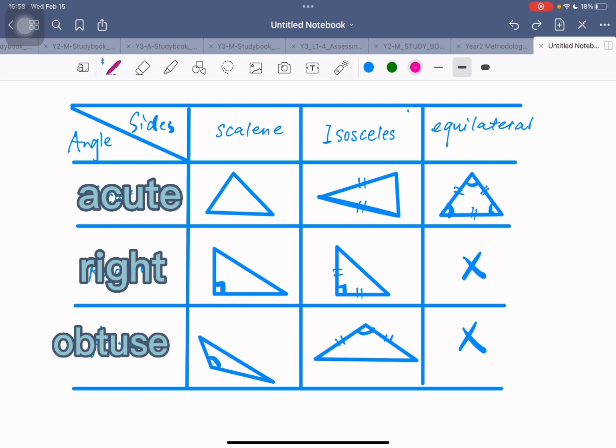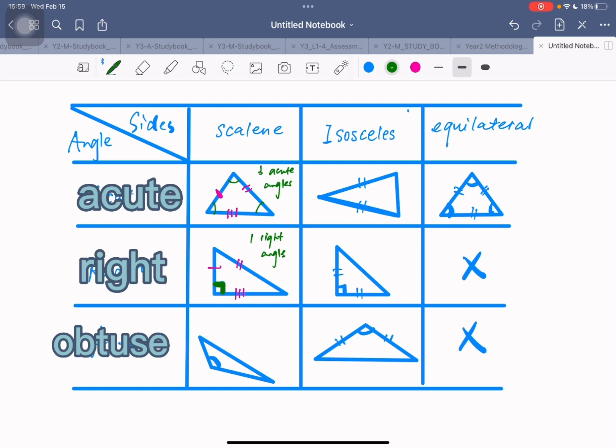So the first triangle we can have is the scalene acute triangle, which means all three sides are different, and we have 3 acute angles. The second kind of triangle we can have is the scalene right angle triangle, which means we have 3 different sides, and we have 1 right angle, just 1 right angle.